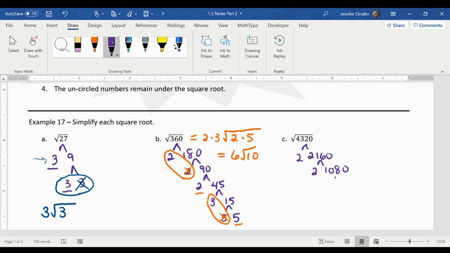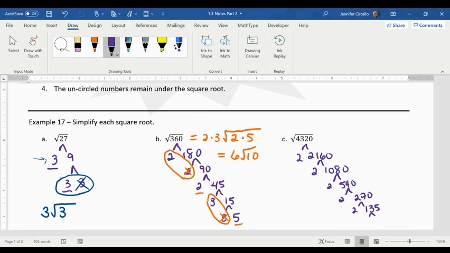Oh, this is a big one. 1080 is 2 times 540. 540 is 2 times 270. 270 is 2 times 135. Okay, so now 2 is no longer going to work.